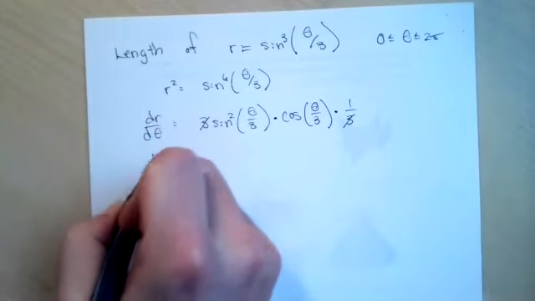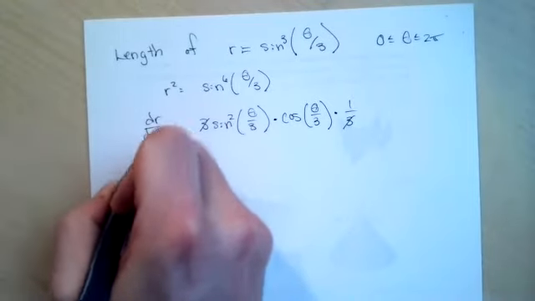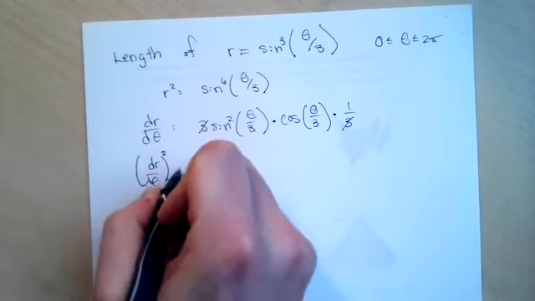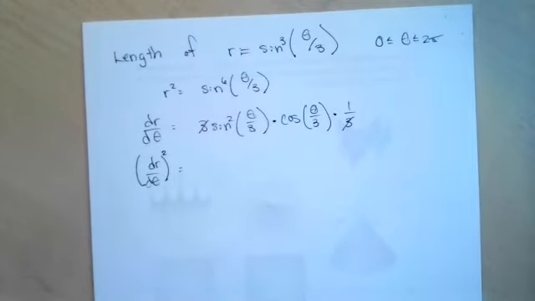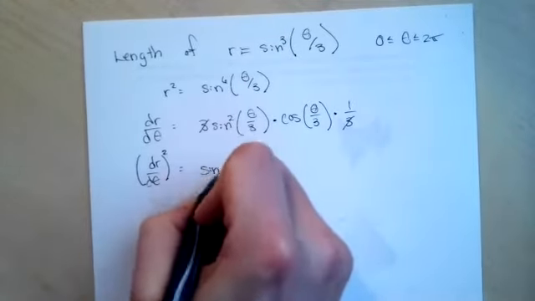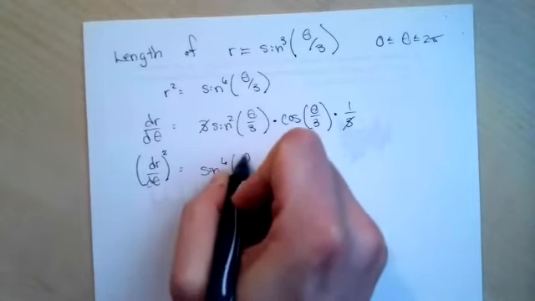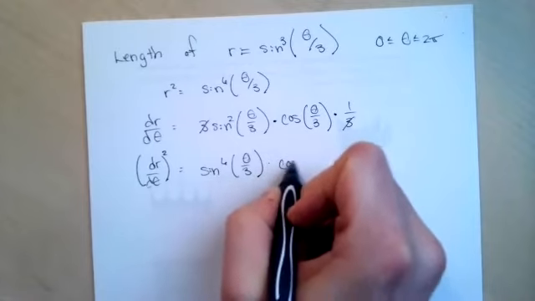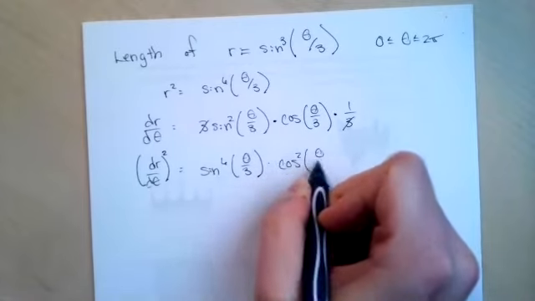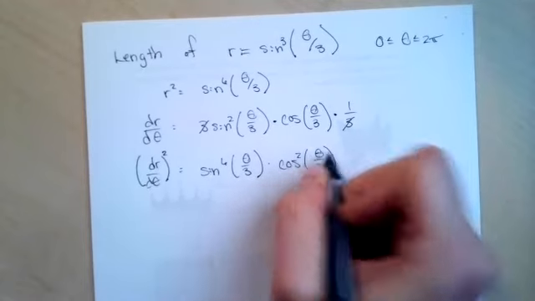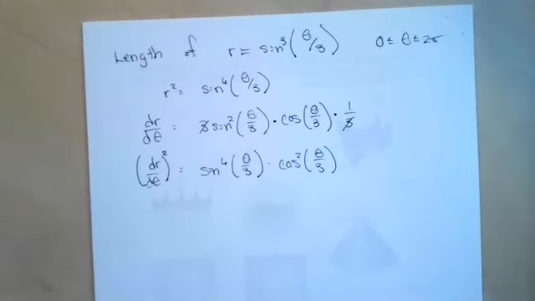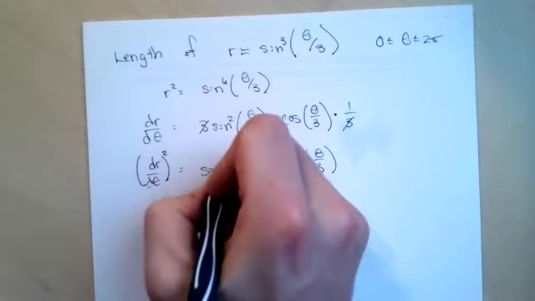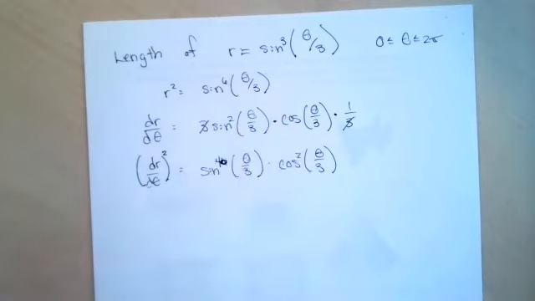Our dr/dθ squared, squaring all that, is sine to the 4th theta over 3 times cosine squared theta over 3. And did I write sine to the 4th on that one?